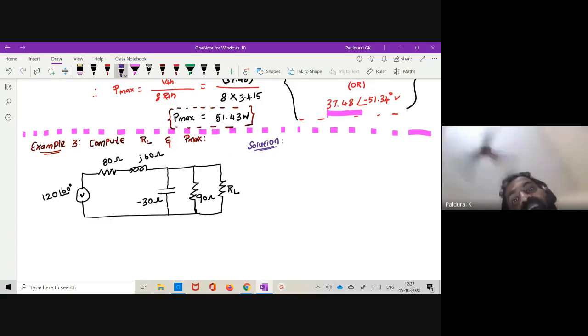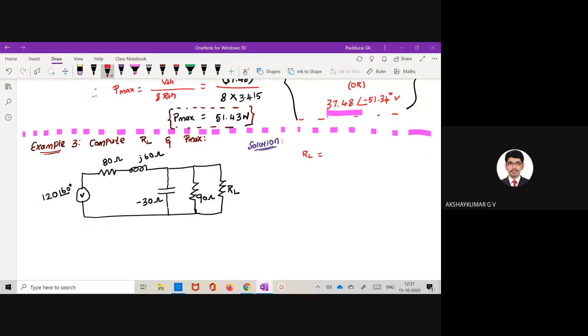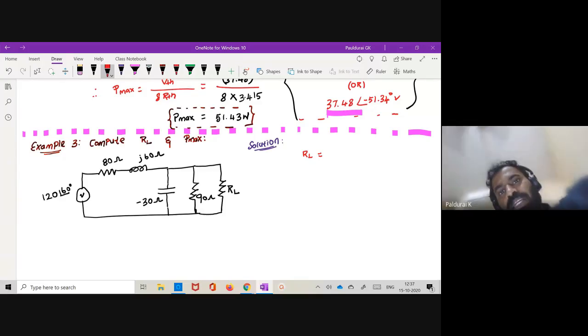So this time what is your RL? What is the formula for RL? Magnitude of ZS, so you want to calculate the magnitude, right? So magnitude of ZS square, nothing but magnitude of ZTH square.